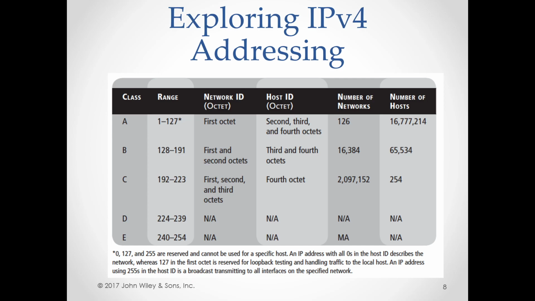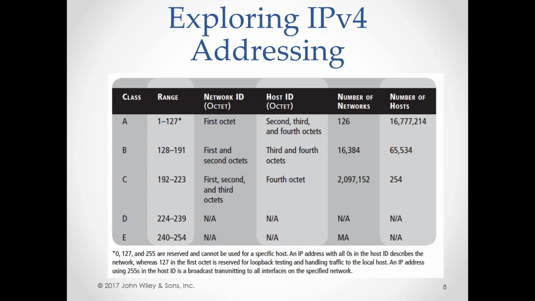If your network ID falls into the first and second octets, it has a range of 128 to 191, and that is a Class B address. If your network ID encompasses the first, second, and third octets and has a range of 192 to 223, that is a Class C address.